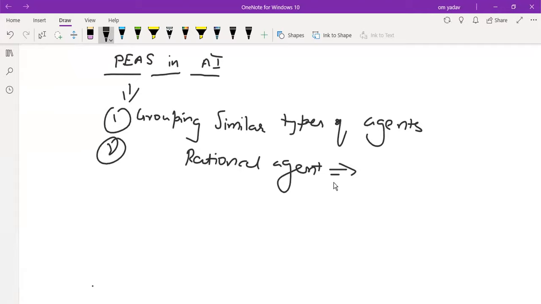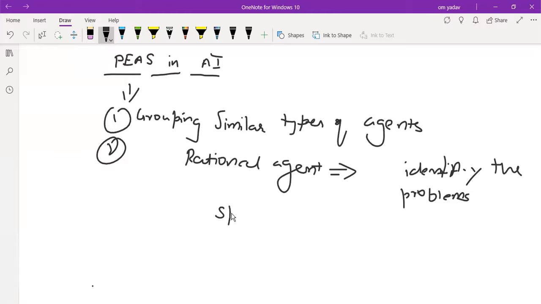So this rational agent, what it can do, it can identify the problems. And after identifying the problem, it can specifically give the solution for that particular problem.